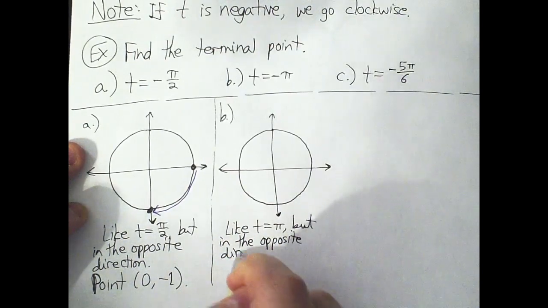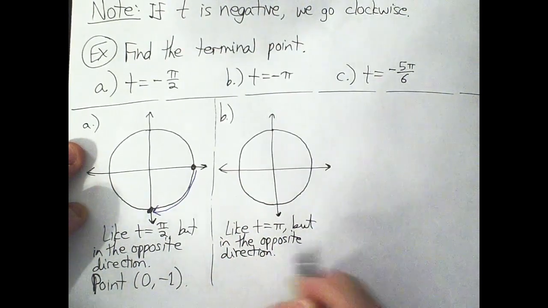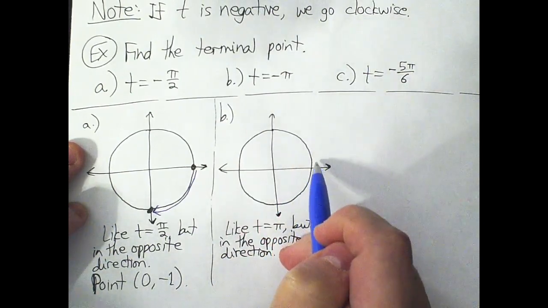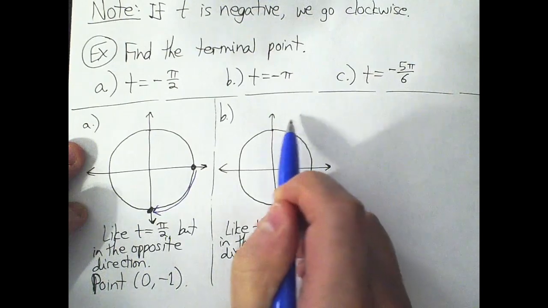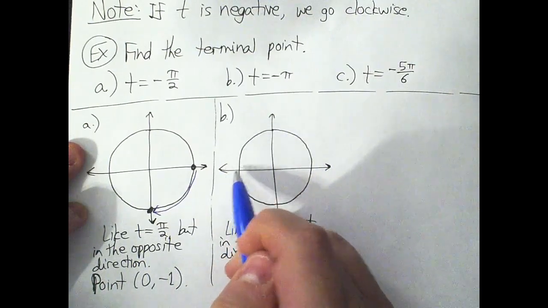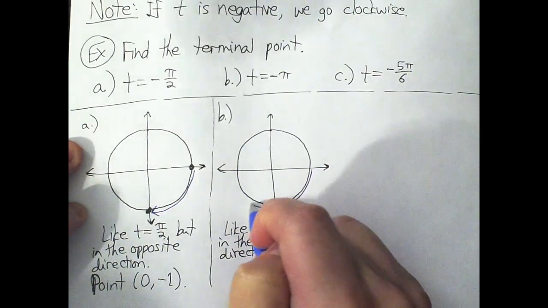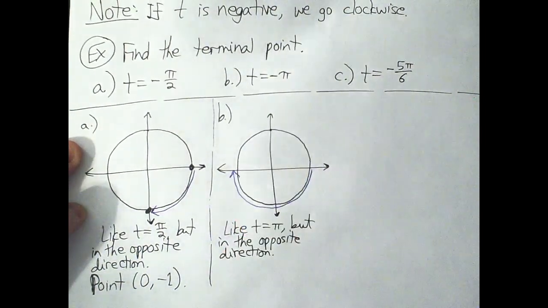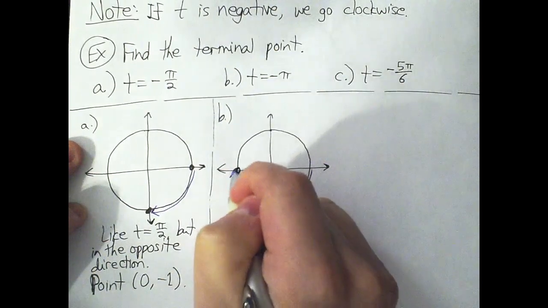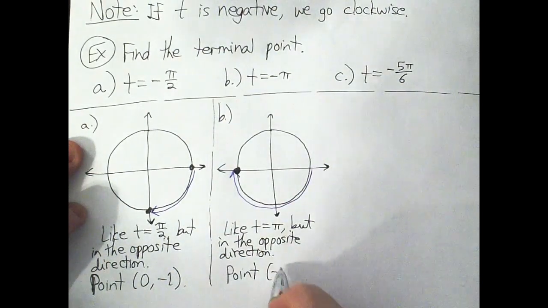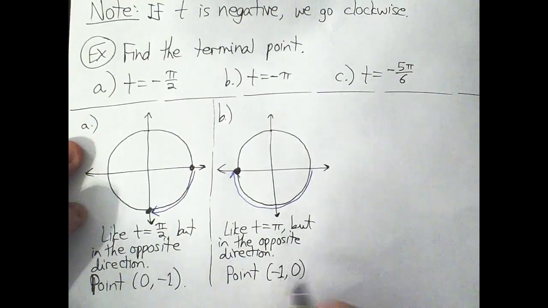Do you remember how far t equals pi would go around the unit circle? Positive pi would go counterclockwise. It would go halfway around the circle and stop. This time we are going this direction, halfway around, and stop. And that takes me to a terminal point of -1, 0.